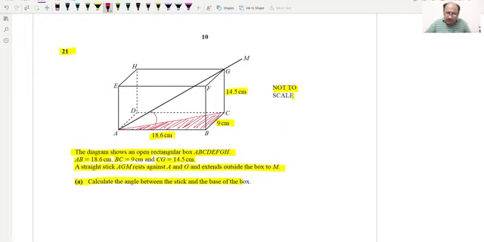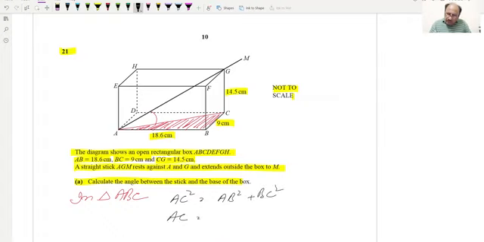So in triangle ABC, we will apply Pythagoras theorem. By Pythagoras theorem, AC squared is equal to AB squared plus BC squared.